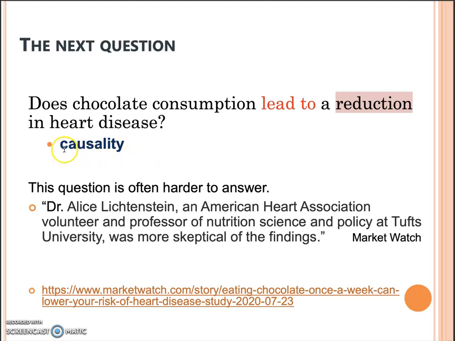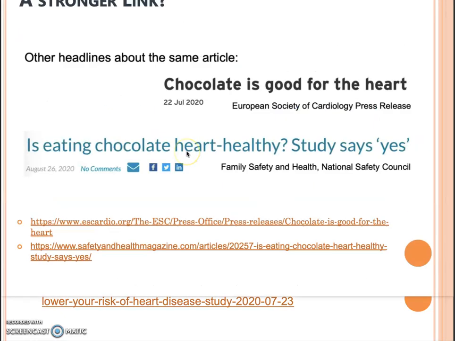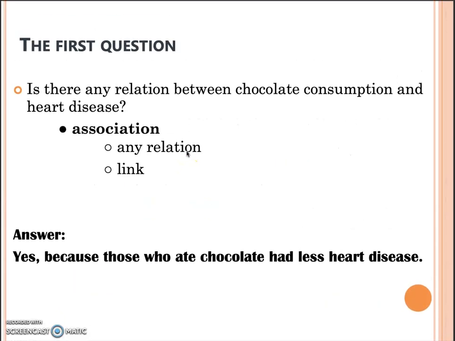Because in data science, a very important thing is that we need a strong conclusion related to causality. Like earlier, with the soft statement, we only asked if there is any relation between chocolate consumption and heart disease.